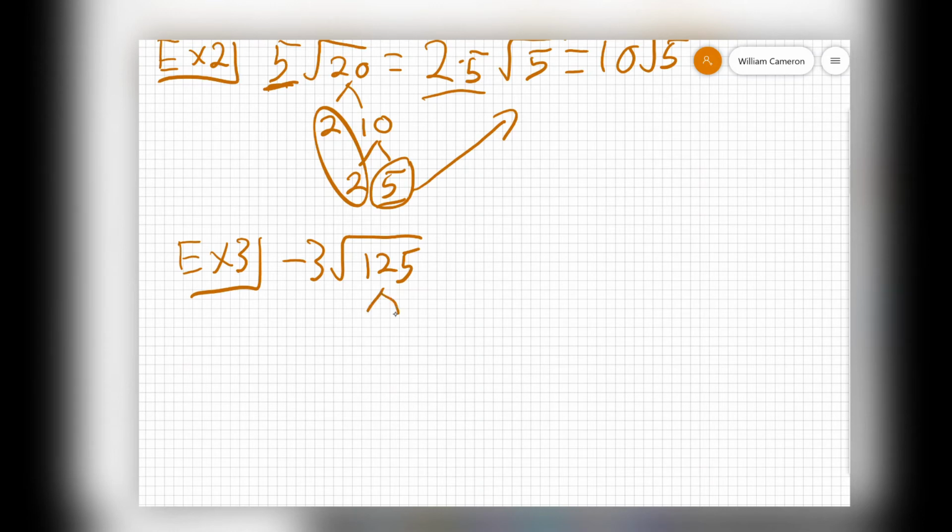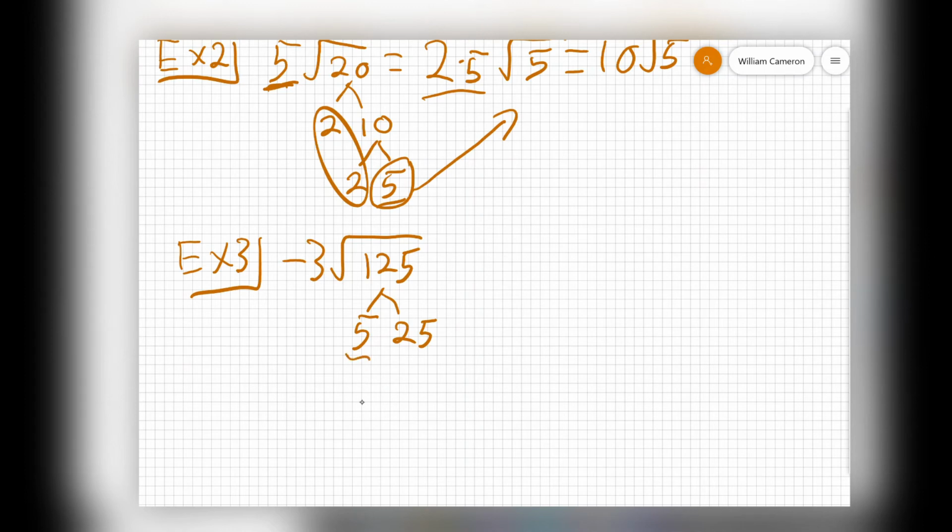So using your calculator on your phone or wherever, divide 5 into 125. Dividing 5 into 125 will just give you 25. Therefore, 5 times 25 gives you 125.